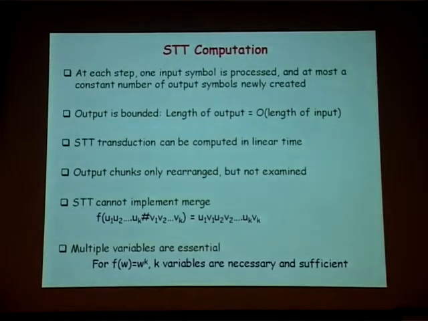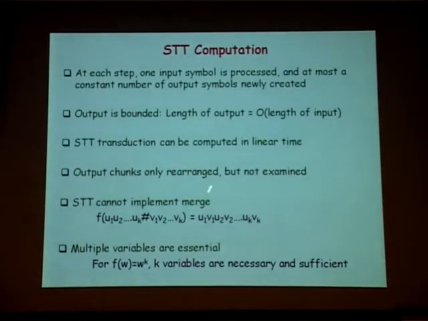You can rearrange these output chunks, right? But you're not examining the outputs. So another way to think about these is that you have a one-way input tape. You have multiple output tapes, but you are not reading outputs. These are really write-only output tapes, and the operations allowed on output tapes are concatenation or adding symbols and things like that. Yeah. So you can use that to actually show.